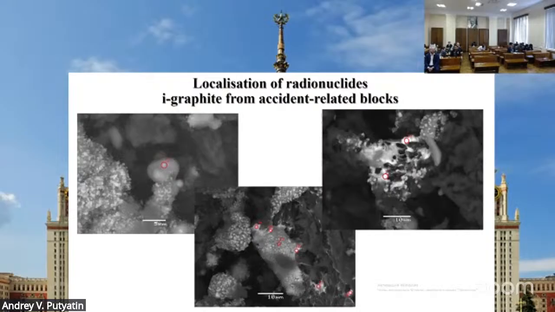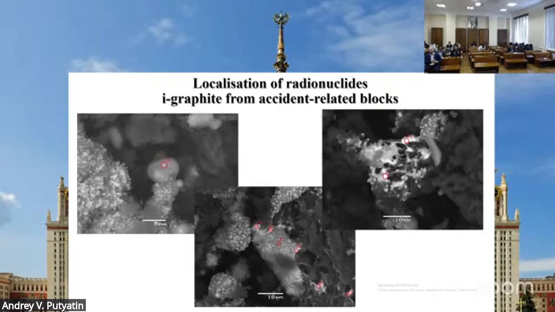They are highly contaminated with radionuclides, but you cannot really find chunks of, for example, uranium fuel. You have very tiny particles of former fuel, which are spread over the whole graphite cladding.